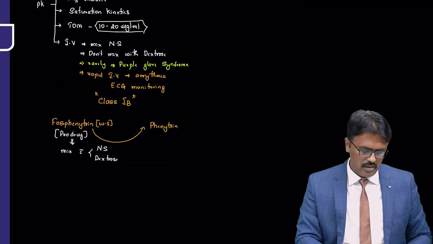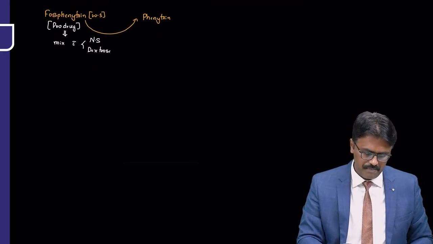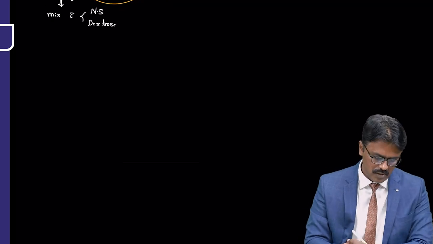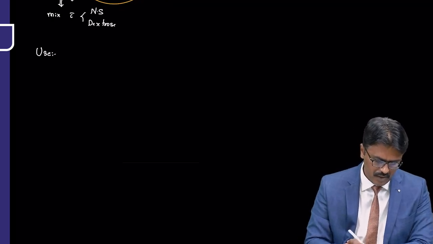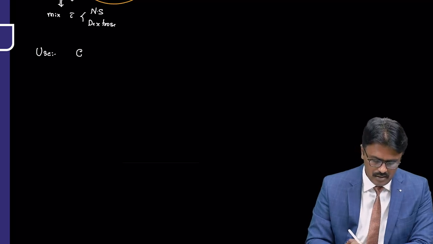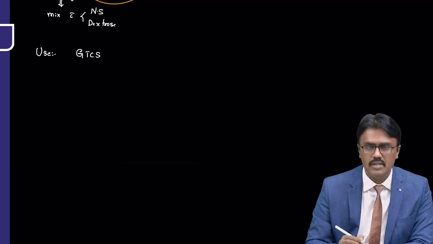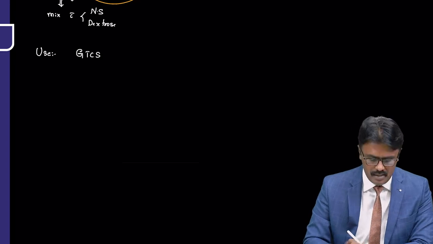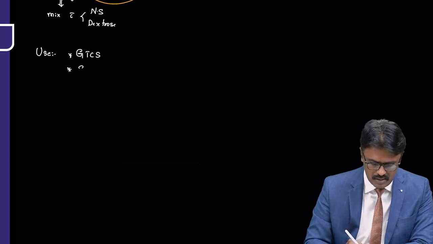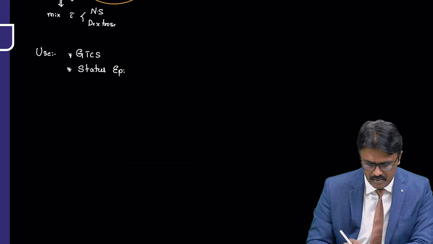So once I understood the pharmacokinetics of phenytoin, let us understand where to use it. It is mainly used in generalized tonic-clonic seizure. It is used in status epilepticus.